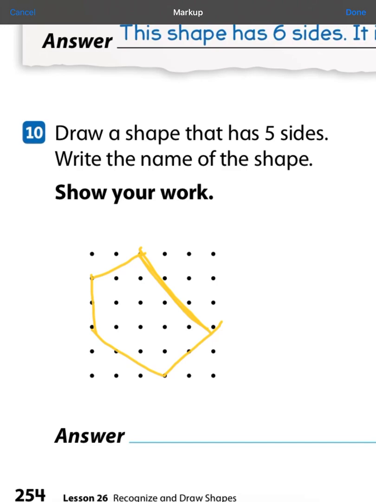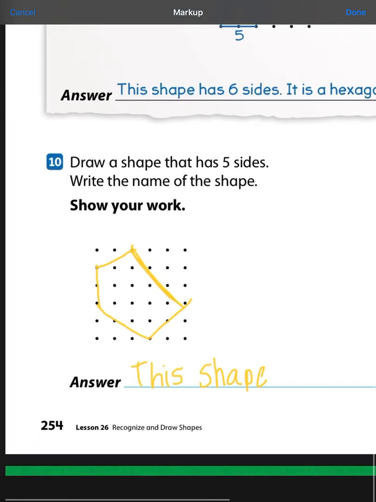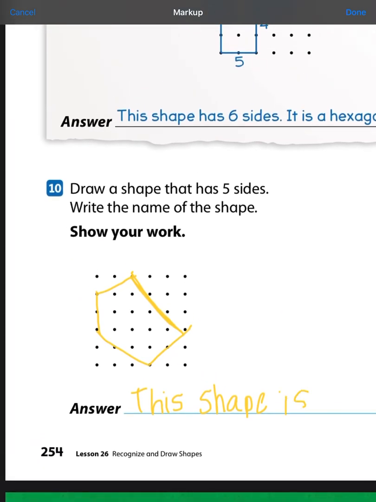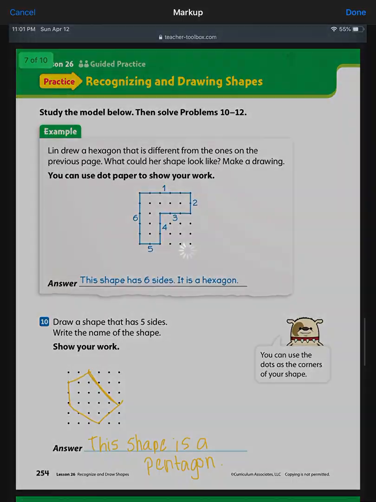Do you remember? 5 sides and 5 angles means this shape is a pentagon. This shape is a pentagon. And always a period. All right, let's go to the next page.